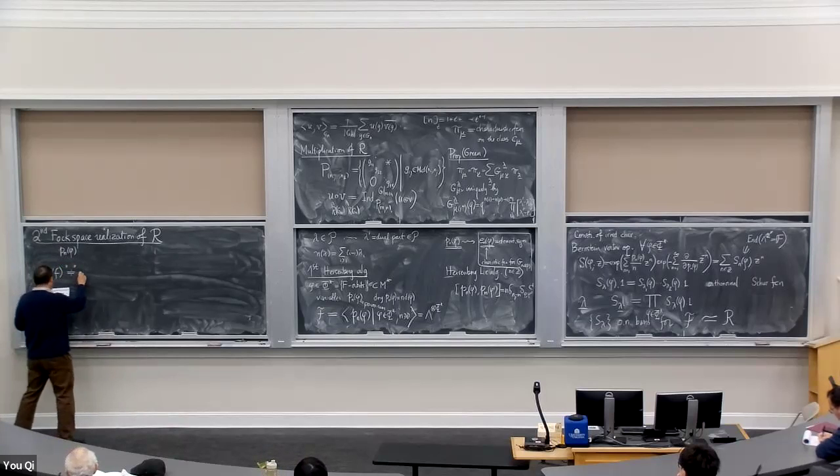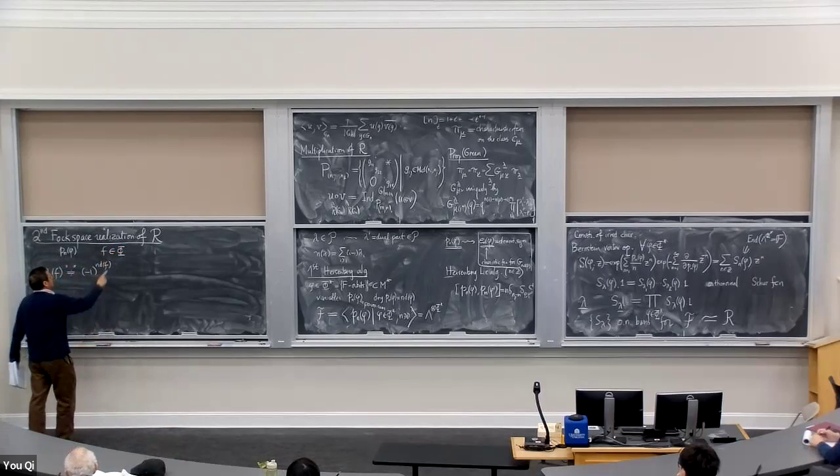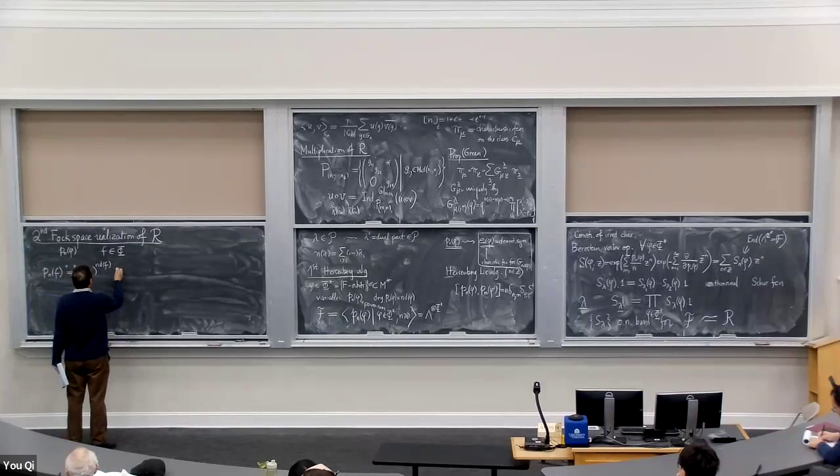So essentially, now I'm going to take the orbit in the field. Then you take the discrete Fourier transform.